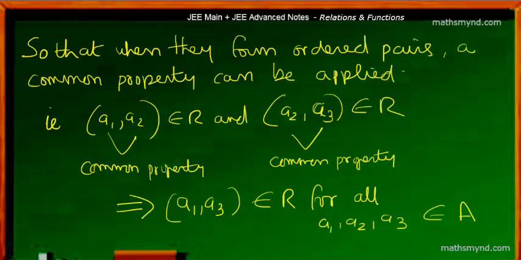It simply means that because of the common property across the elements which are forming the ordered pair, you can pair up a1 and a3, which also forms part of the relation, and that's a key point. Now let's look at a simple case to get a clear idea.